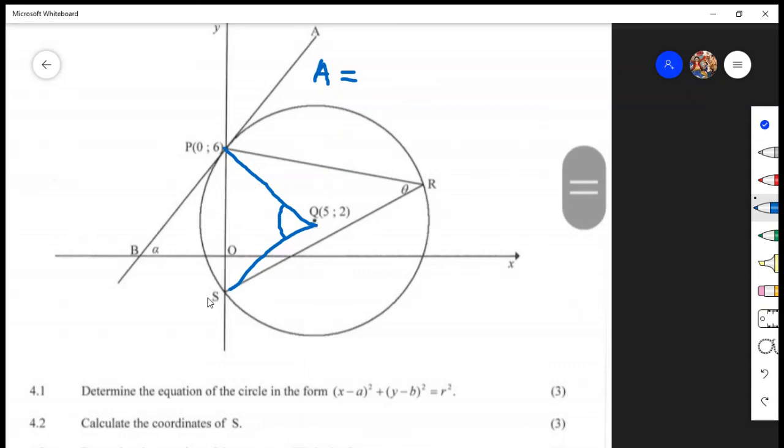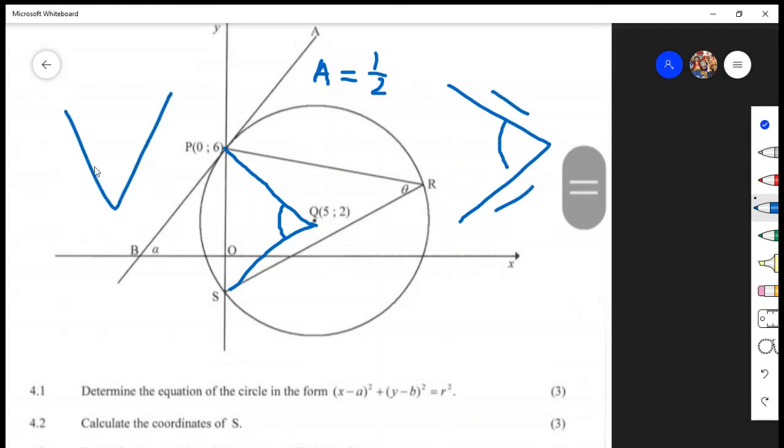Basically, all you do is say half of the two sides that are connecting to this angle. So for example, if your angle is like this, you'd have this side over here and this side over here. You always just use the lengths of the sides that connect to the angle.